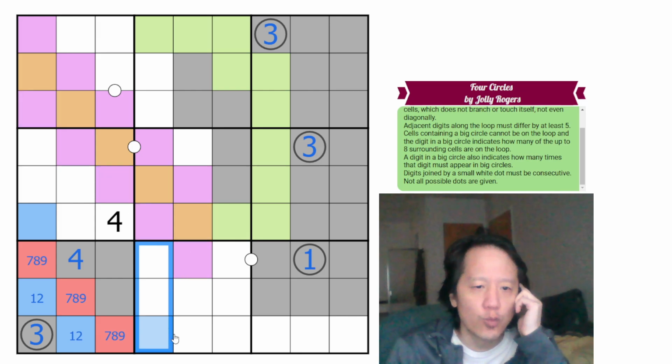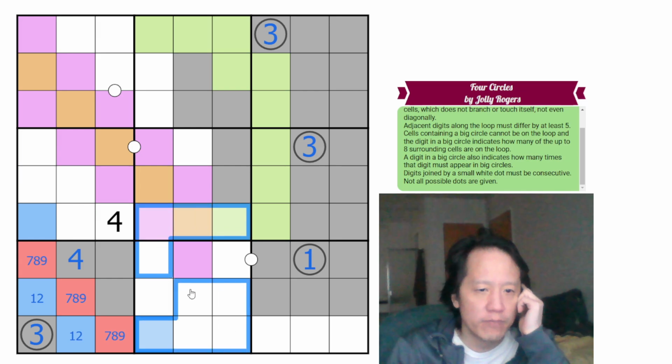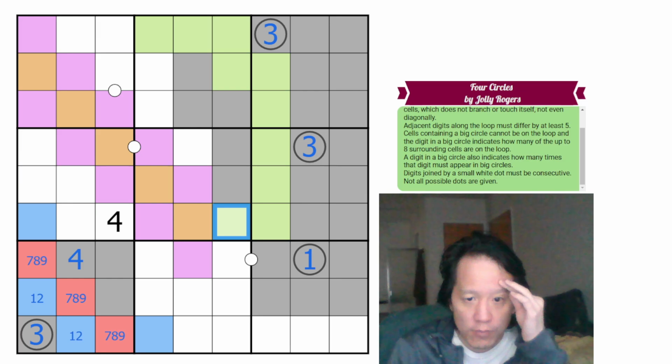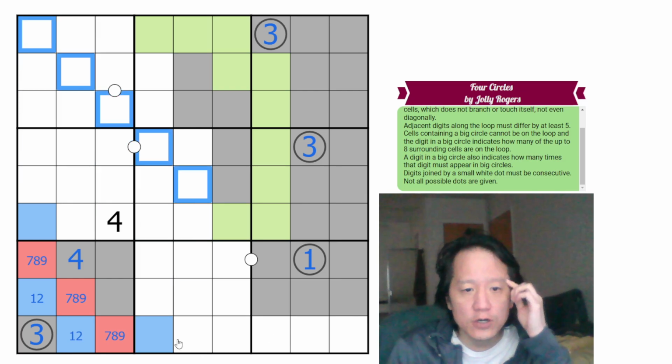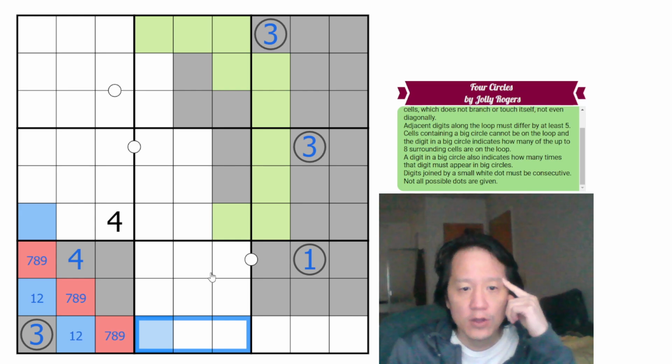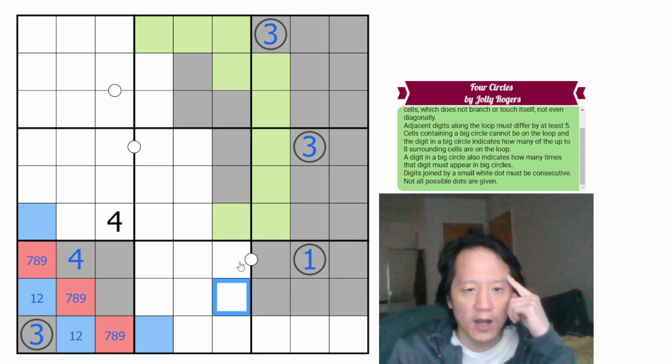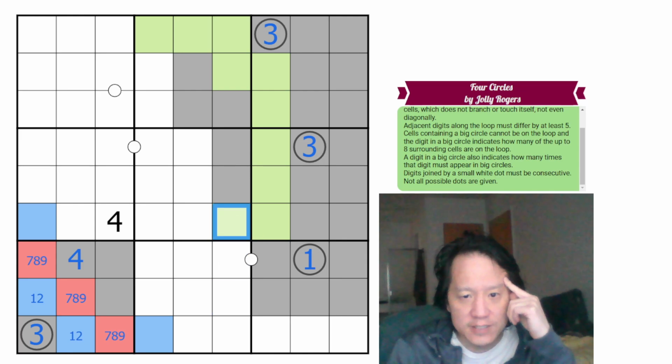So no matter where you go or how far you go, it would always alternate back to the correct value. So therefore, since we know the correct set, and since this alternates high, low, high, low, high, this always has to be a high number, which means this one always has to be low.